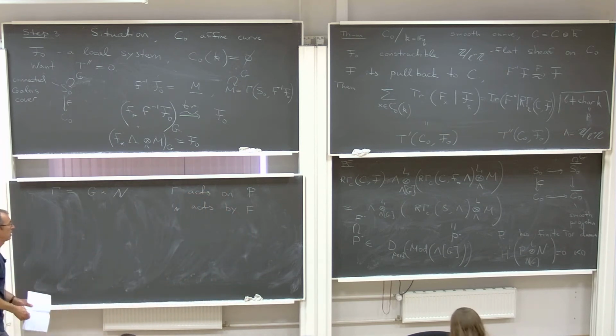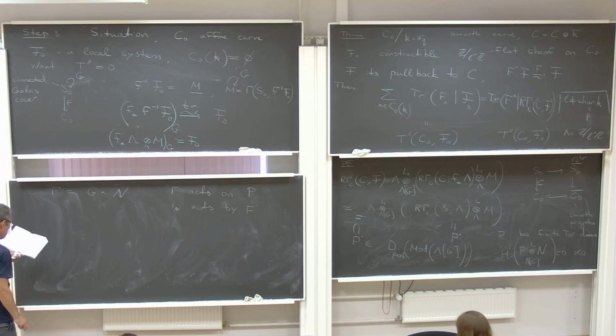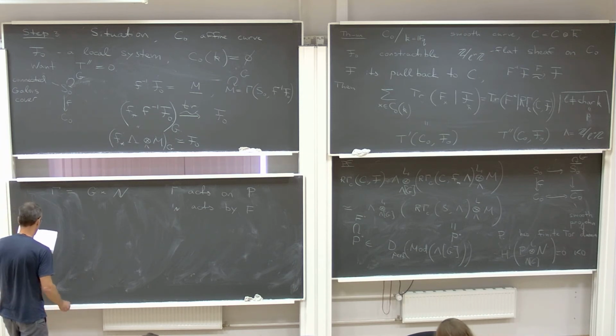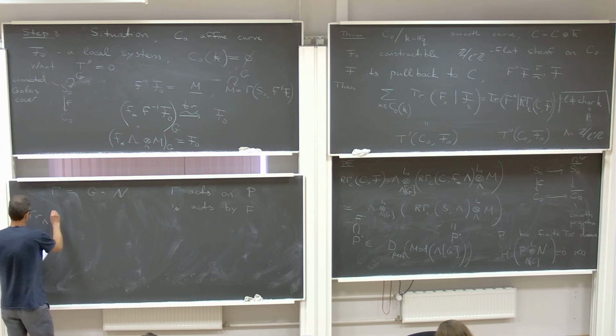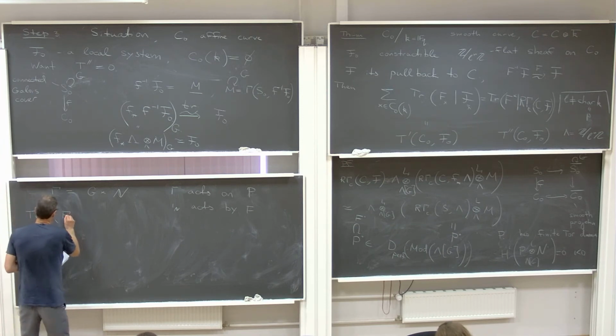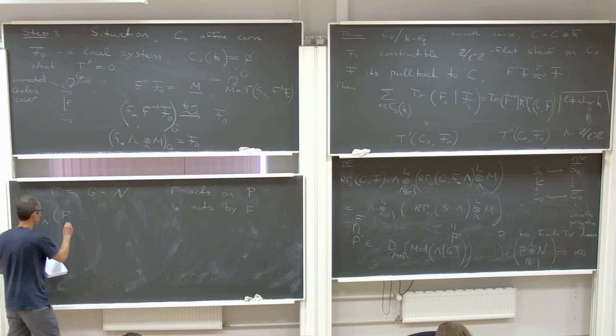Okay? So now I apply the formula for the traces on coinvariance.